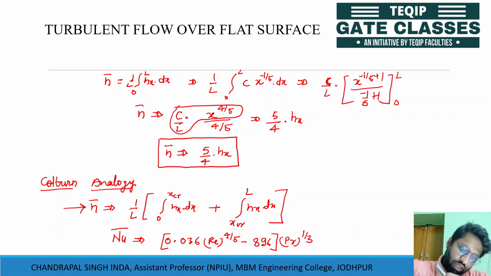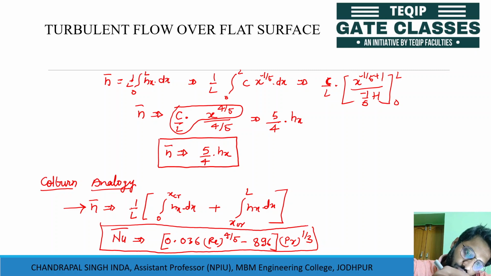So by using this Colburn analogy, when laminar and turbulent flow both exist over the solid boundary, we can find the average value of the convective heat transfer coefficient. So we can use the empirical relationship to find the convective heat transfer coefficient, through which we can find the convective heat transfer.